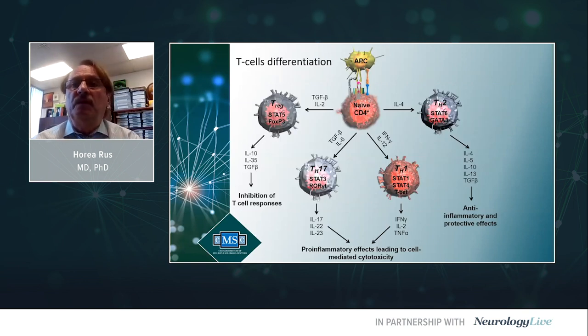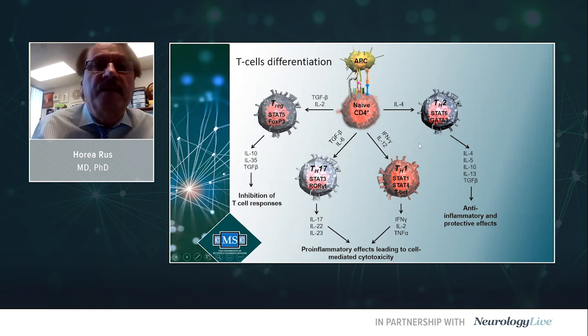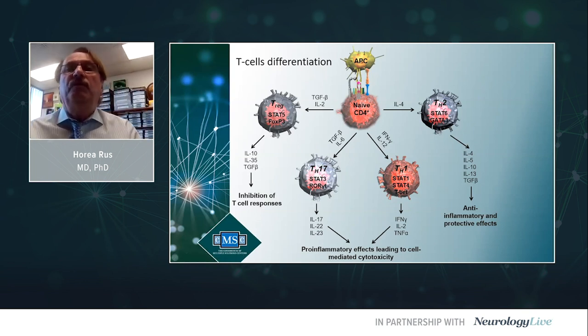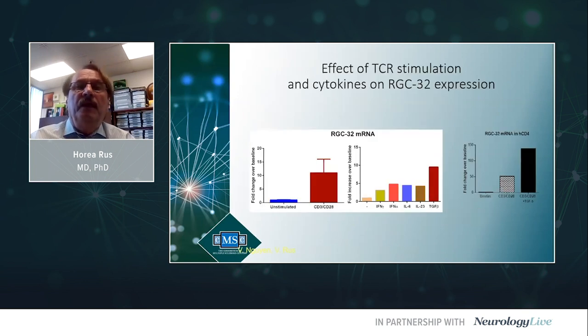This is just a drawing showing that naive T cells can evolve into Th1, Th2, Th17, or Tregs under the influence of various cytokines, and they used the same system in vitro to look at the effectiveness in Th17.